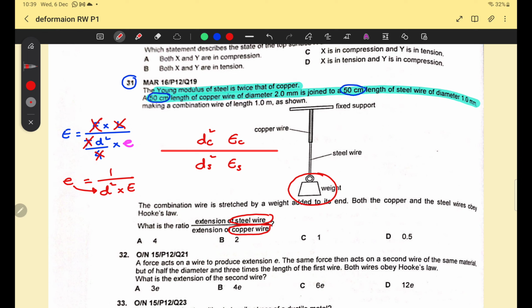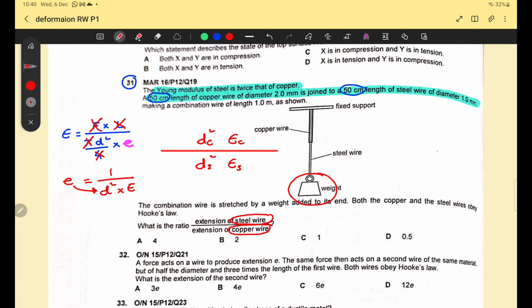I have written the equation of extension in the form of diameter and Young modulus.